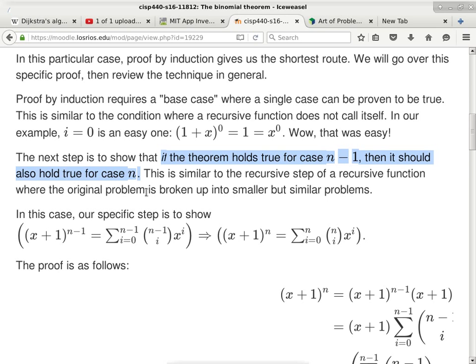That is the whole nature of proof by induction. You just need to establish the base case and show that you can take a step up from any other step. Then it is going to be true no matter how many steps you take. Is that okay so far?